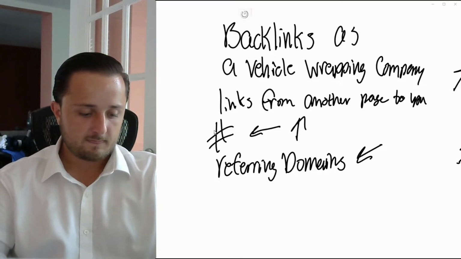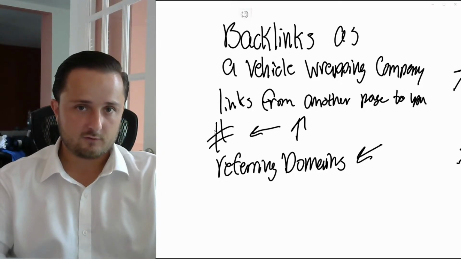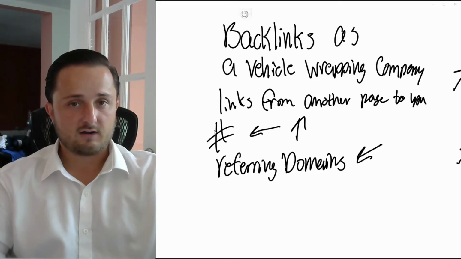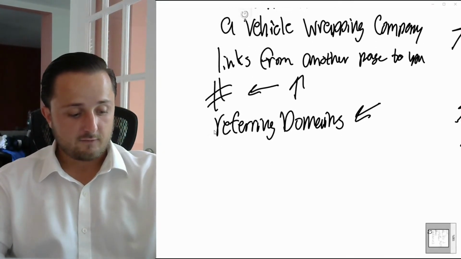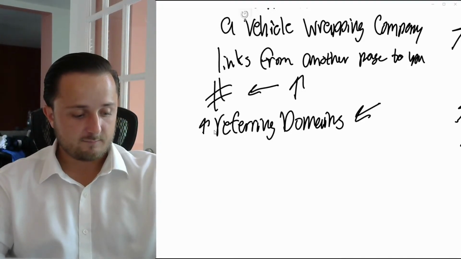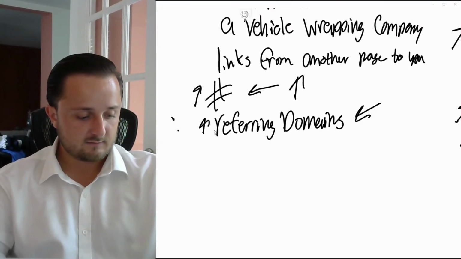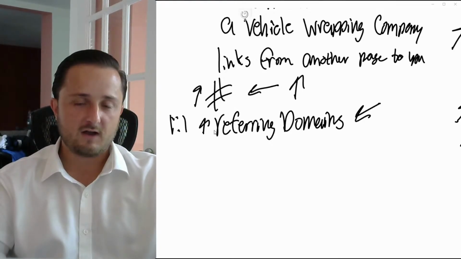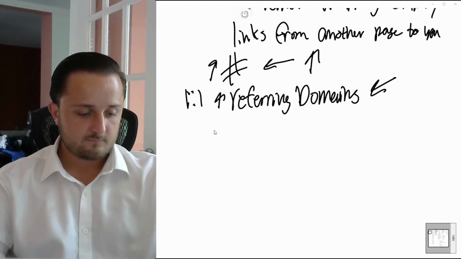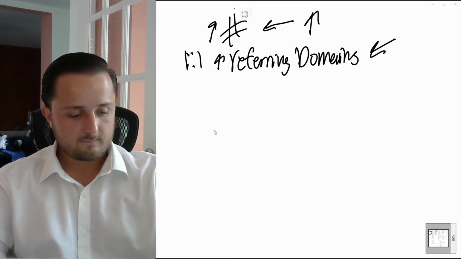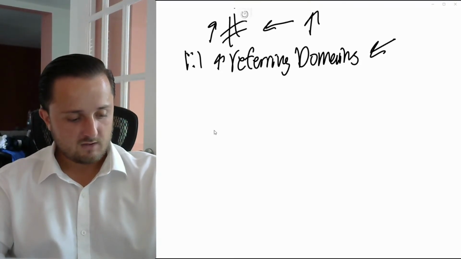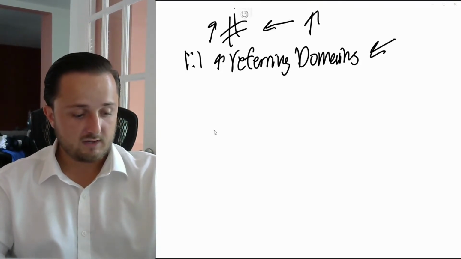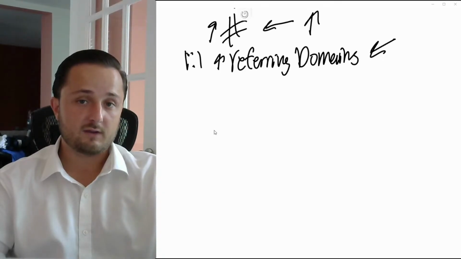If the total amount is really high versus their referring domains, this is a great opportunity. If their referring domains is about 1-to-1 to their backlinks, then this is a really strong backlink profile. So what we can do is we need to match them, or we need to beat them.